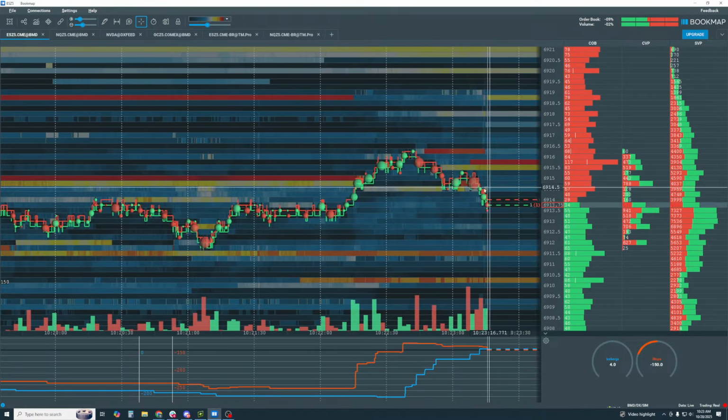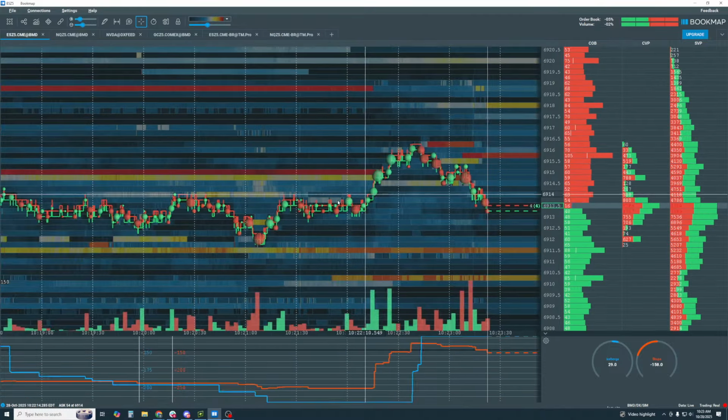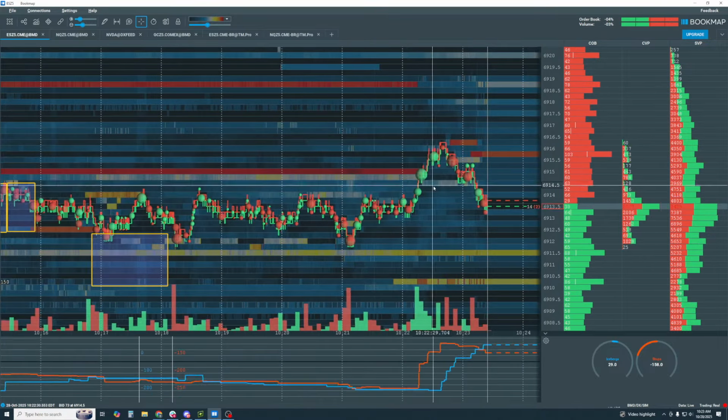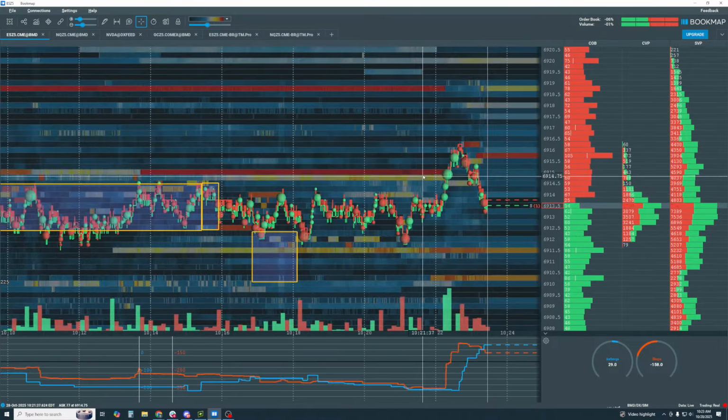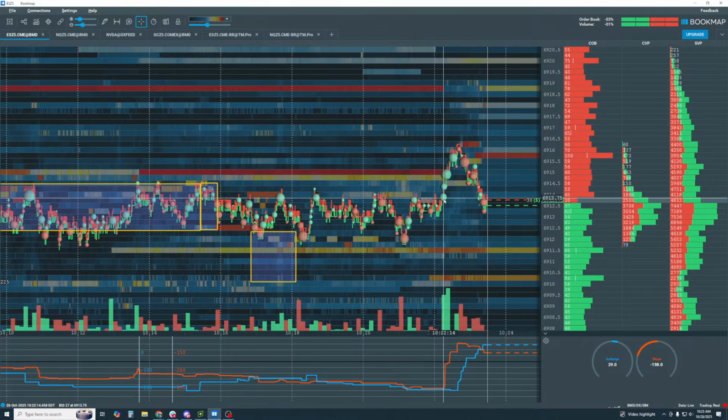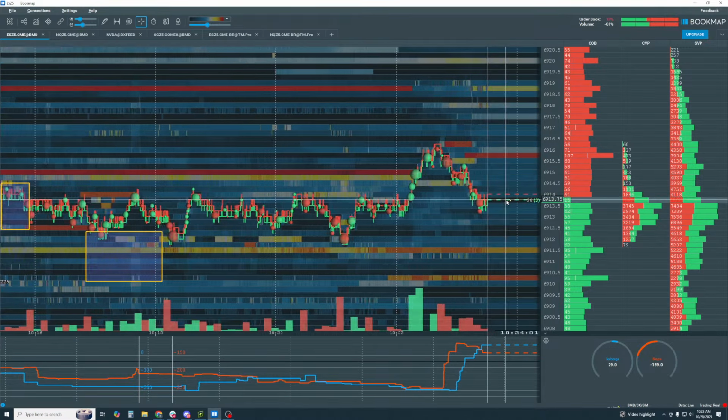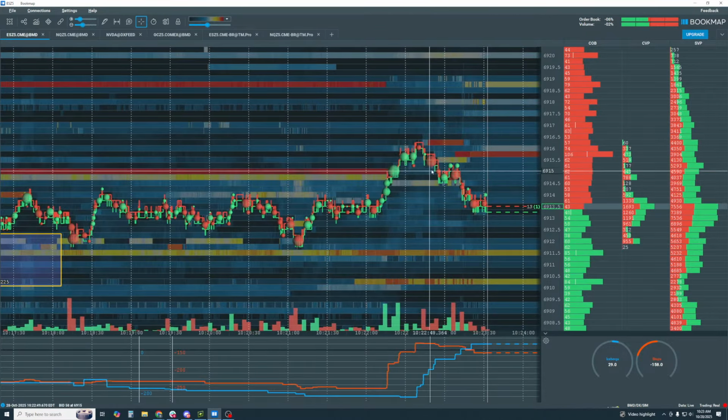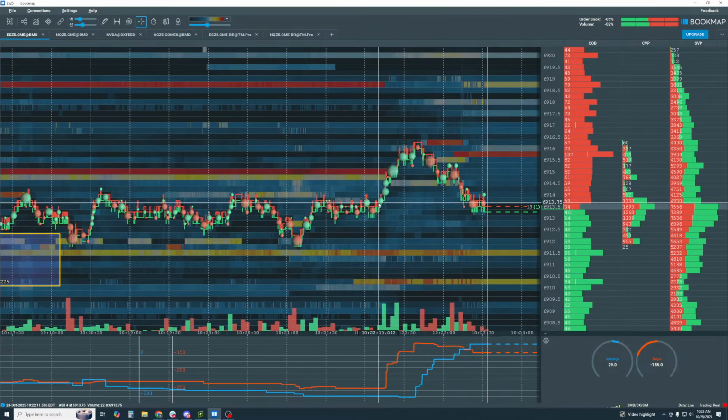Okay, bouncing off the top of this range. Let's see if we get our buyers now. And otherwise, this is a pretty nasty move. It's a pretty nice little false breakout here. But I'm looking for it to be supported until we see something different.